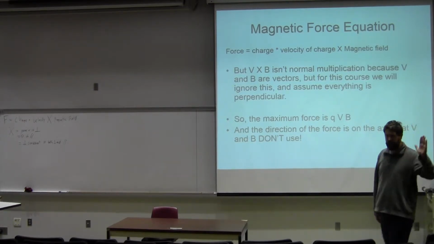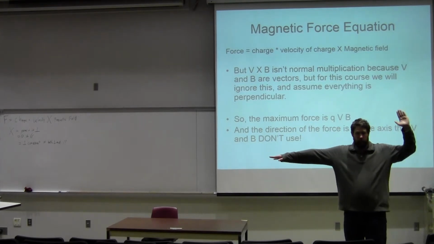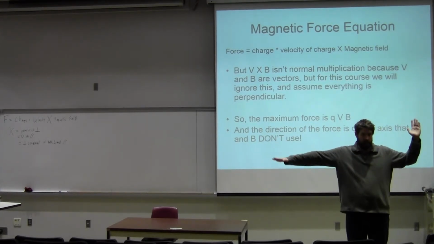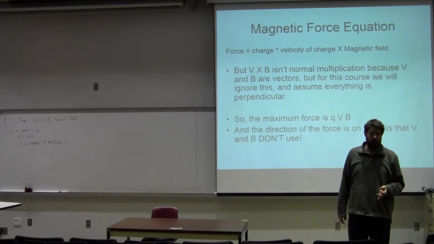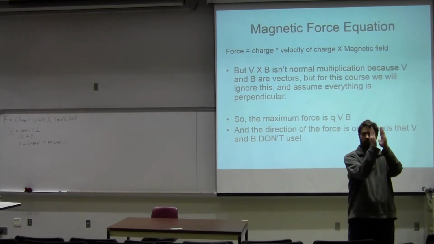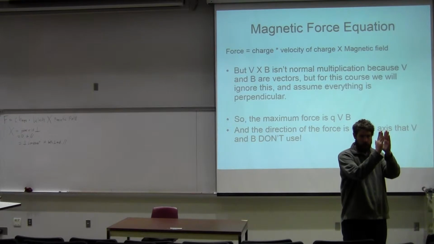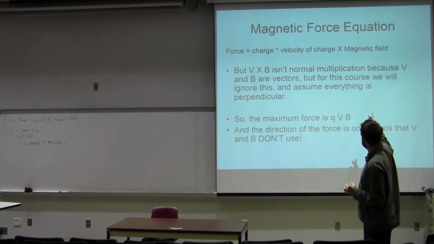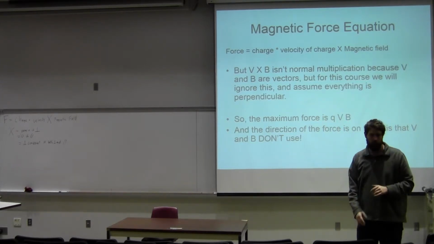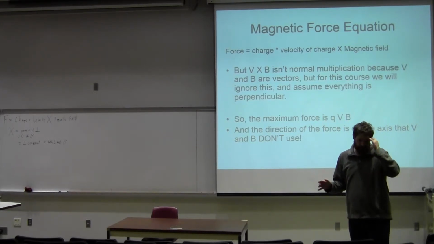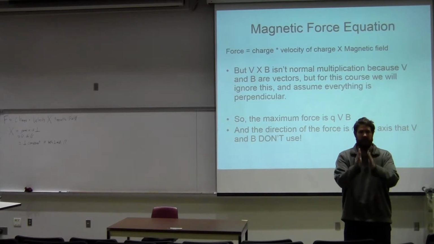If the velocity and magnetic field are perfectly perpendicular, meaning they're 90 degrees apart, then the X is a normal multiplication. If the velocity is parallel to the field, then v x B, by the way, magnetic field is denoted B, is 0.